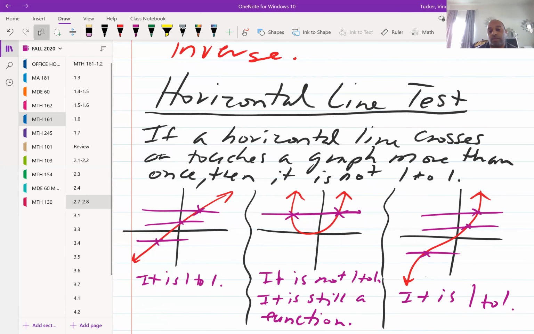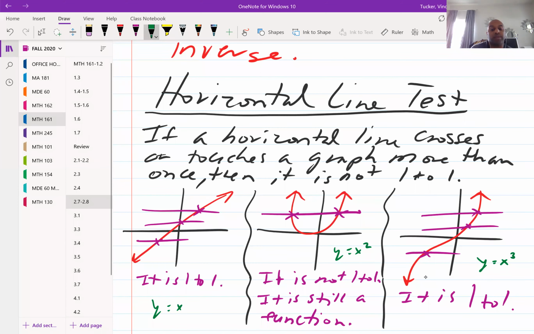So looking at these three, this is y equal to x, y equal to x squared, y equal to x cubed. So your linear equation is a one-to-one function. Your quadratic, x squared, gives you that parabola.